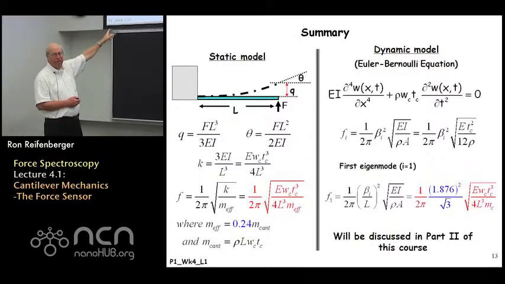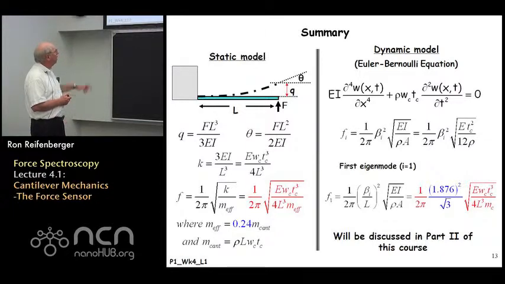It turns out that effective mass is about 0.24 times the mass of the cantilever. And when you put that effective mass into this standard formula, then you can predict very accurately what the resonant frequency of your cantilever beam is going to be. How do you get that factor of 0.24? Well, that's another story.